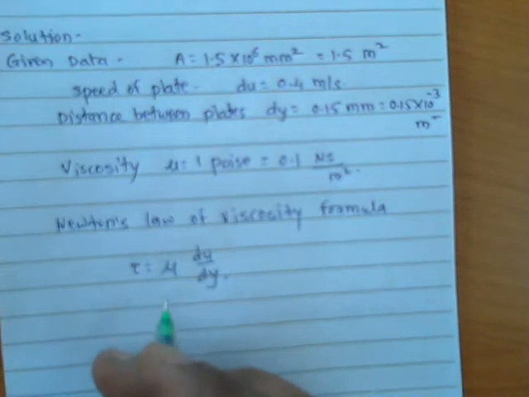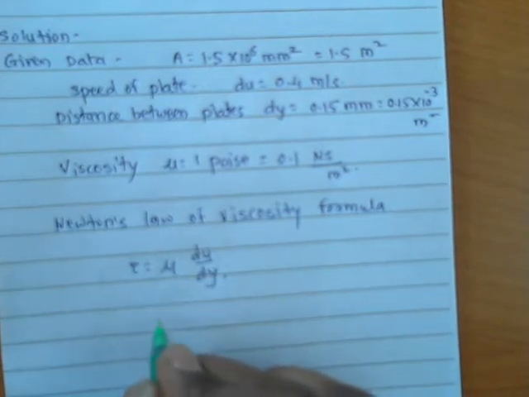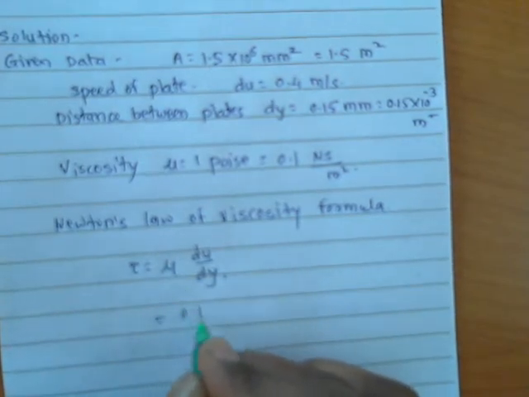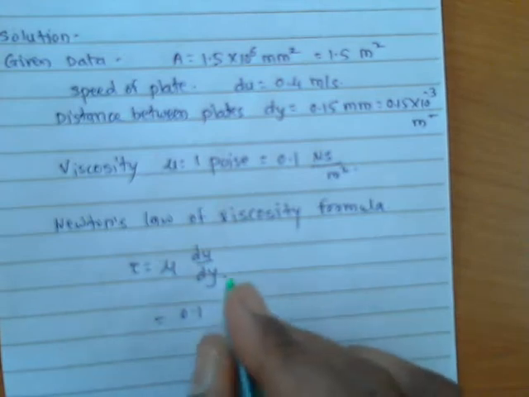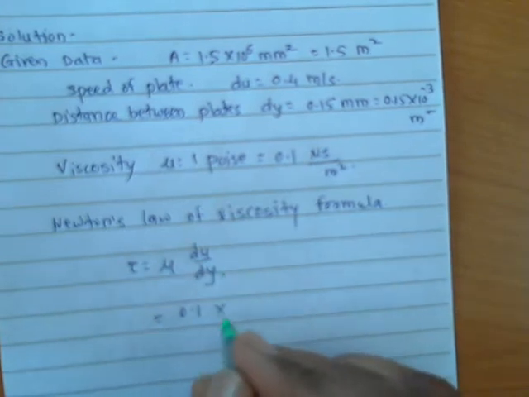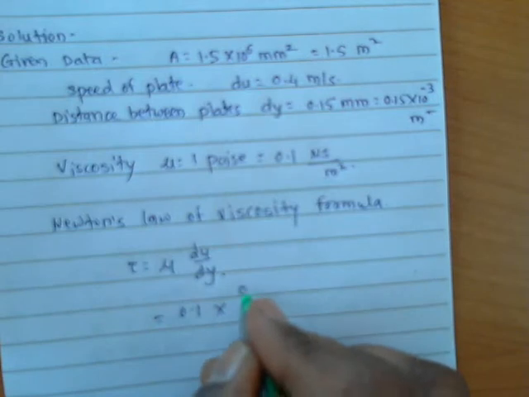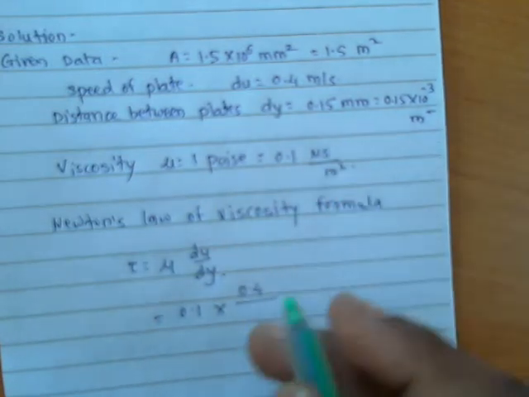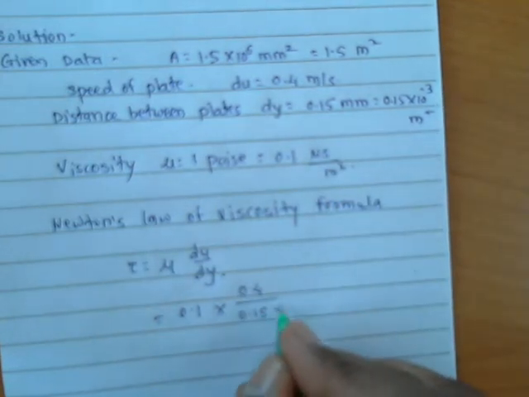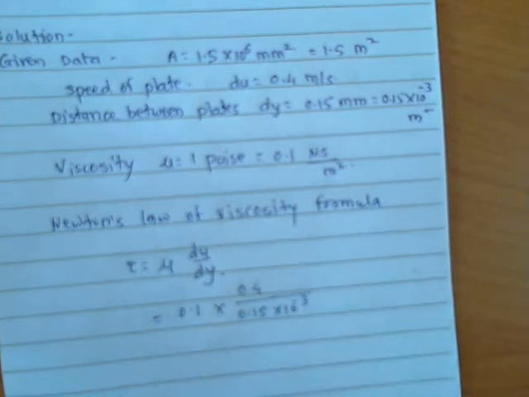Okay, so I will substitute the values: mu is equal to 0.1 newton second per meter square, du is 0.4 and dy is 0.15 into 10 raised to minus 3.